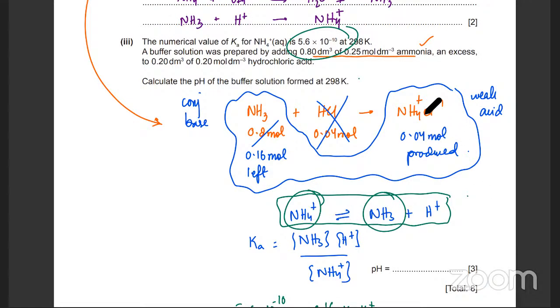Like in this case, there was a reaction of NH3 with HCl. The HCl got completely used up, but there was NH3 that was still left at the end of the reaction. And NH4 plus 1 ions were produced as a result. So your solution at the end of the day had NH4 plus 1, and it also had NH3. So you had the same K expression, except that you had a certain moles of NH3 and a certain moles of NH4 plus 1. So you were able to figure out the pH in that way.